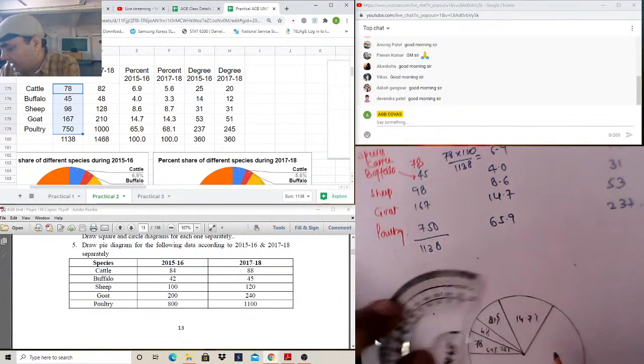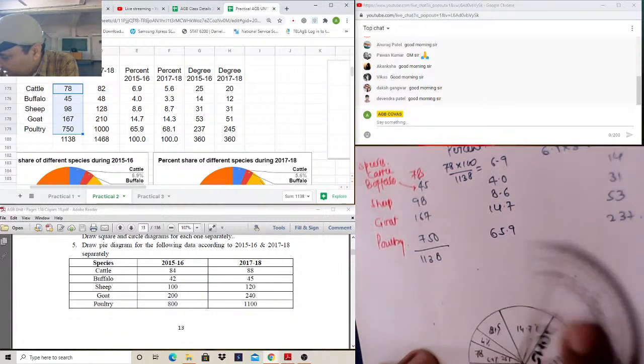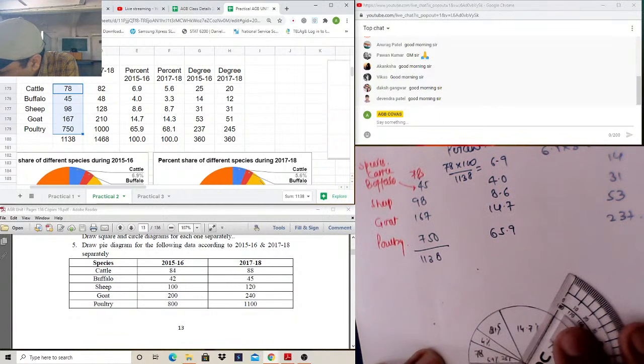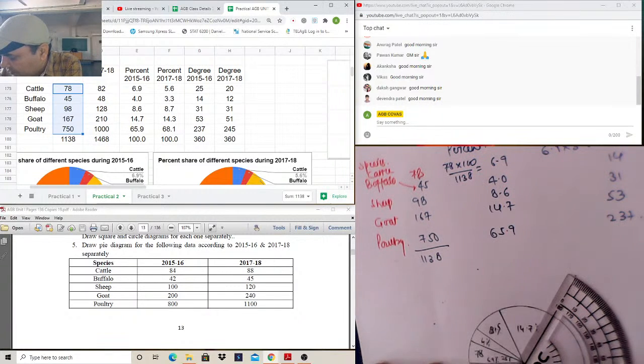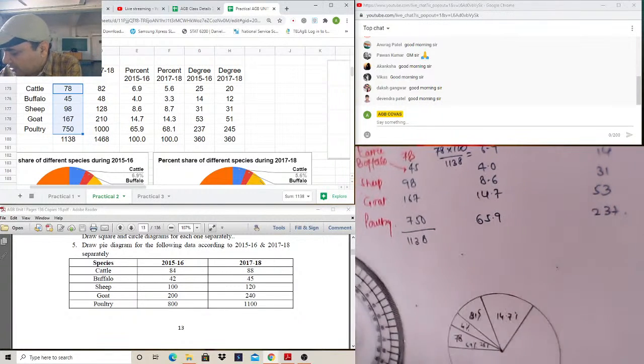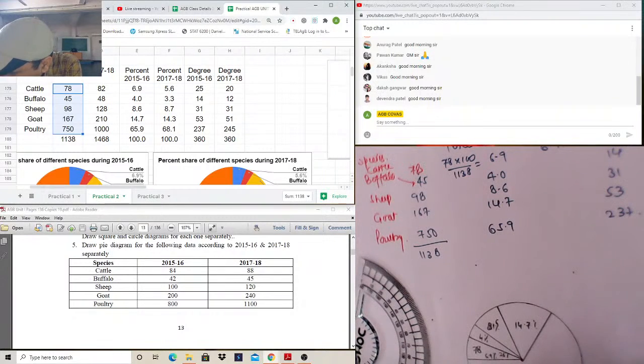If you calculate this, automatically it will come out to be 237. That is, 180 is here, and the additional is here. So the rest, 65.9%, is your poultry.